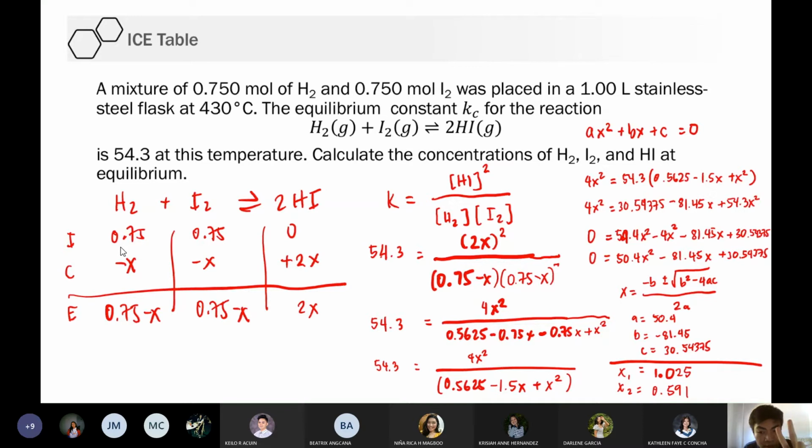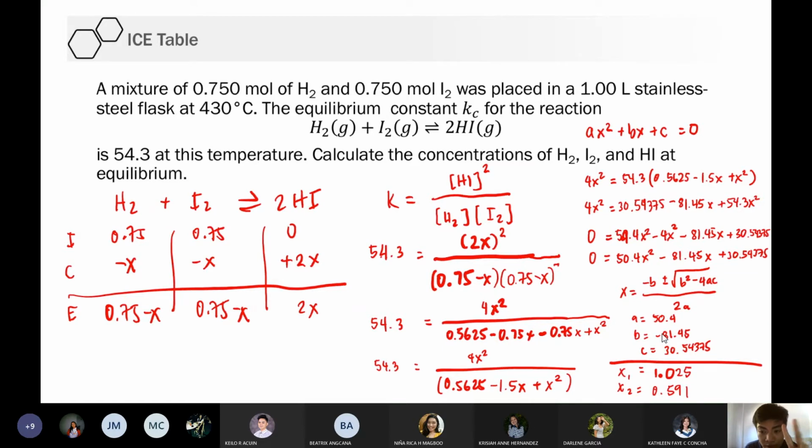So again, what are the two criteria in choosing the correct value of x? Number one, your x value must always be positive. If you have a negative x value after solving the quadratic equation, discard it. Just use the positive x value. If you have two or more positive x values, the second criterion is followed.